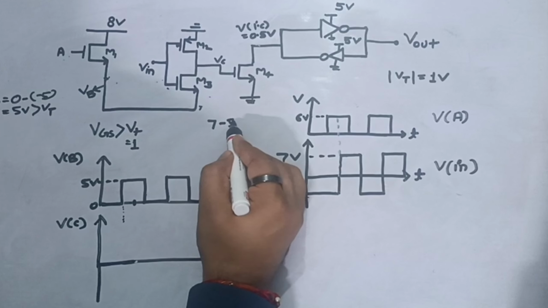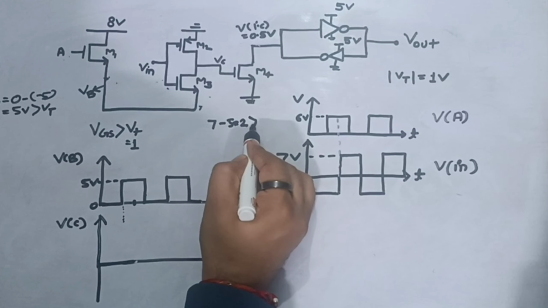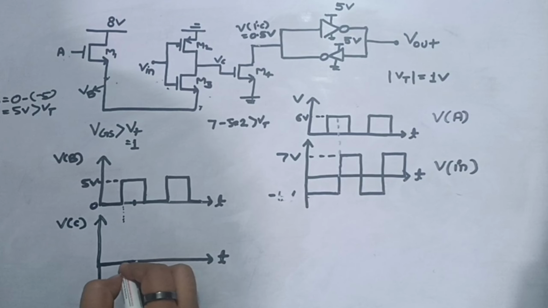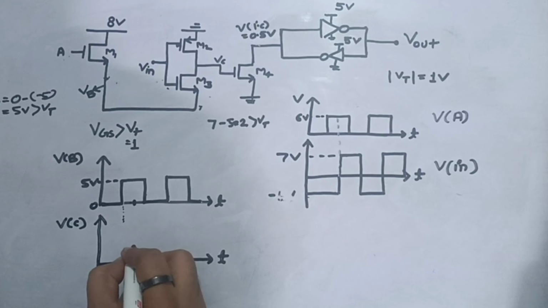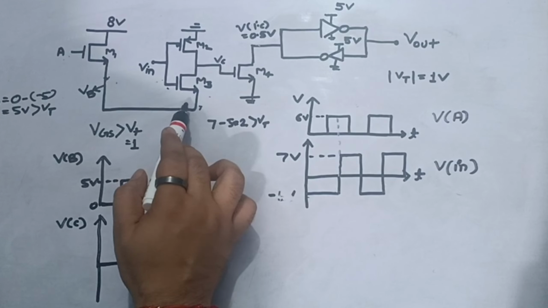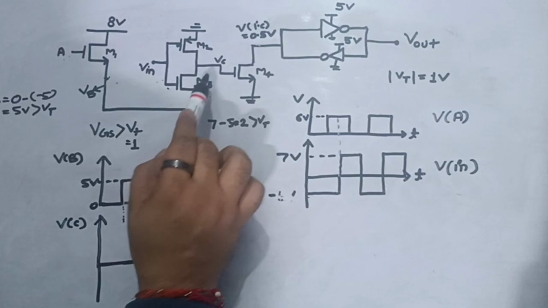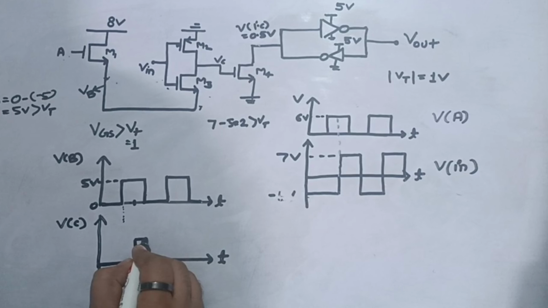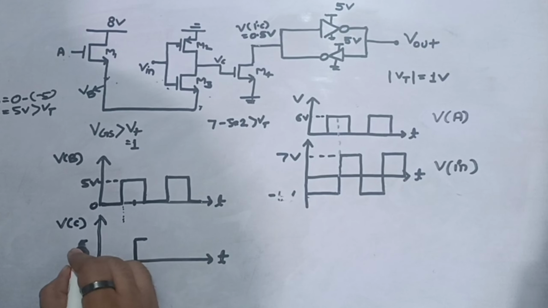So VGS is 2 volt, which is greater than the threshold voltage. So for this half cycle, VC will come to 5 volt, because our VB is sitting at 5 volt and VGS is positive, so the VC net will be pulled to 5 volt. So till half cycle, it will be sitting at 5 volt.